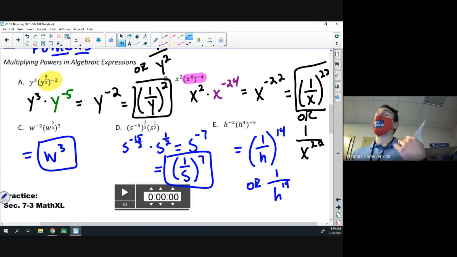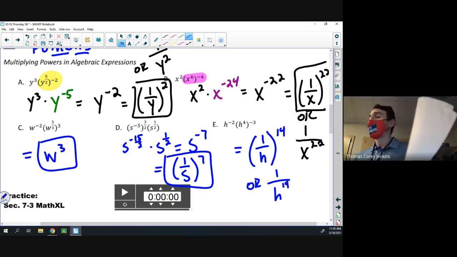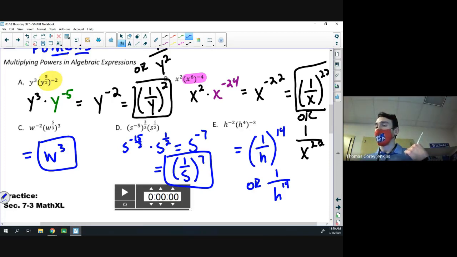So what you have to do first is multiply your exponents first. So if I'm doing E real quick, I already know what to do. What I'm going to type in my calculator is 4 times -3, and then I'm going to add whatever that is to -2, and then I get -14, and then I clean that up at the end. Okay.